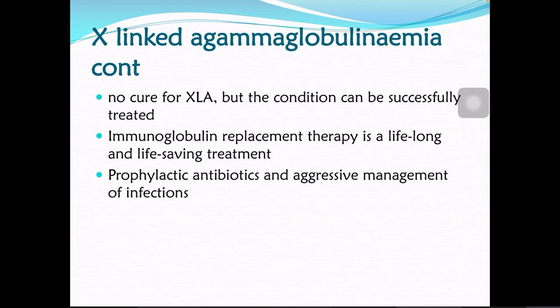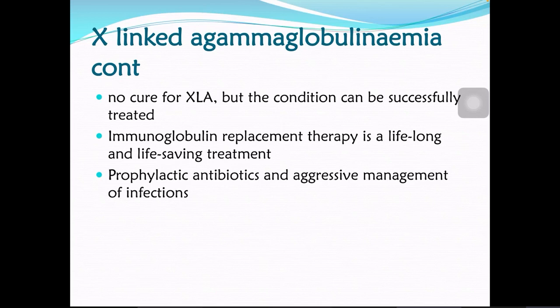You have to be aggressive when patients with X-linked agammaglobulinemia get infections. You may have to use immunoglobulin even during the critical phase, and also use broad spectrum antibiotics. Some of them can be started on prophylactic antibiotics if they are developing recurrent sinopulmonary infections.